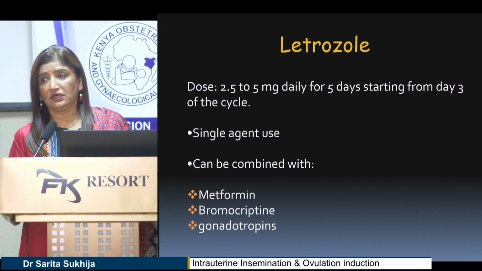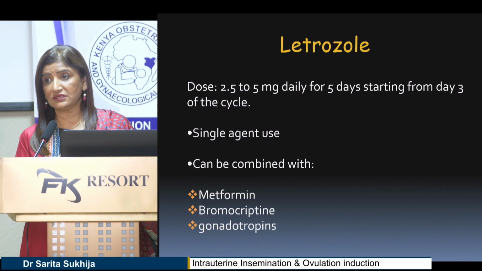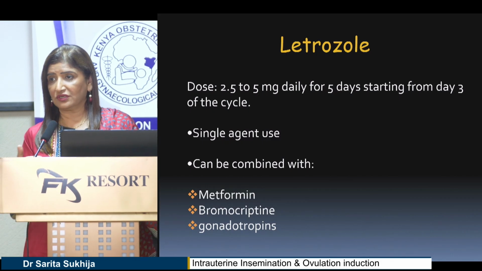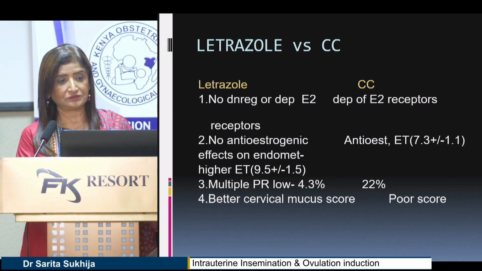In IUI cycles, we usually combine letrozole with gonadotropins to have a better endometrium as well as monofollicular growth, because we don't want too many follicles.